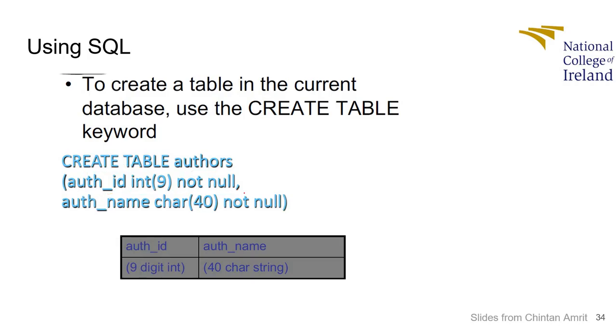That's the first column, which we designated as the first column by the comma. The second column would be author name, 40 character strings, and this also cannot be null. So we've created a two-column table and specified the data types.